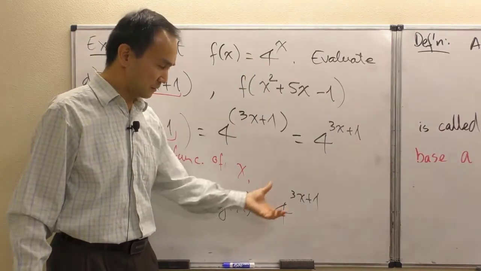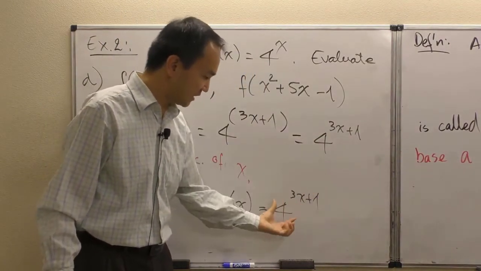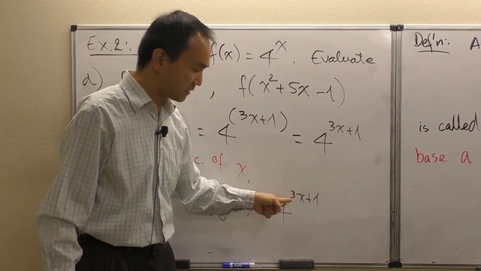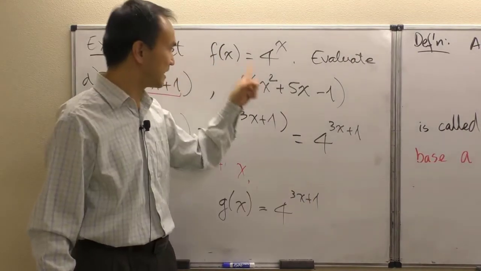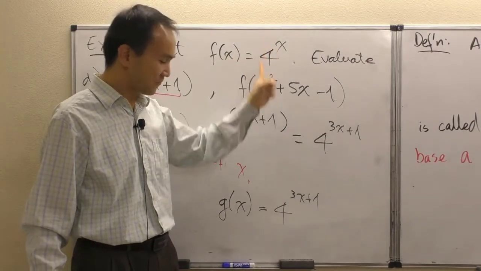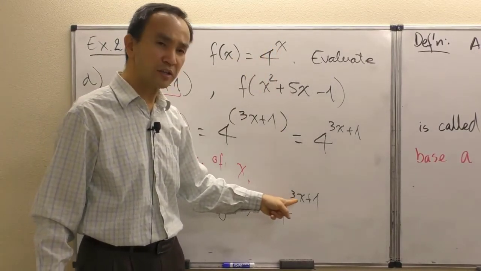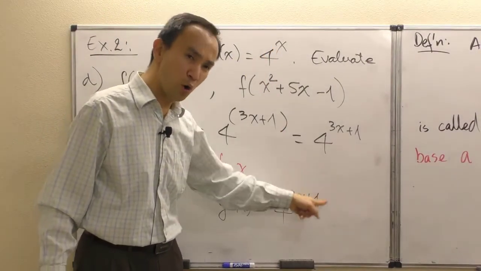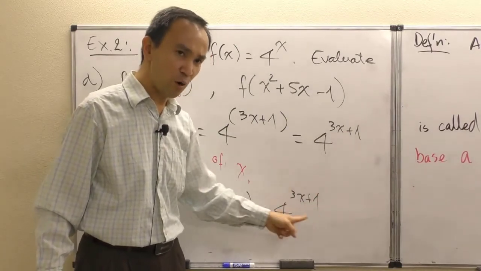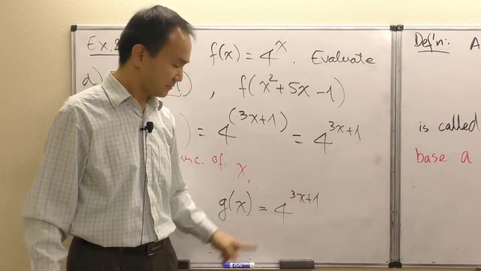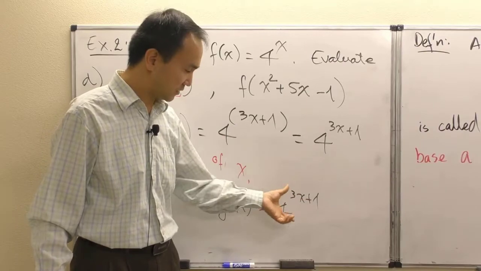But here's the thing, be careful. This function here is raised to the form of something more than just an x. Here is f of x equals 4 to the x. Here is f of x equals 4 to the 3x plus 1. So the whole expression of x, as a function of x, is in the exponent.